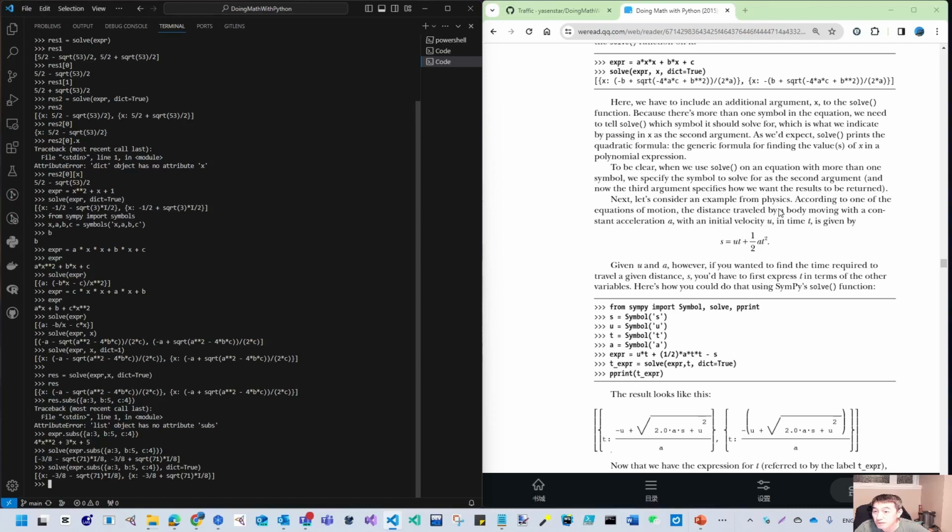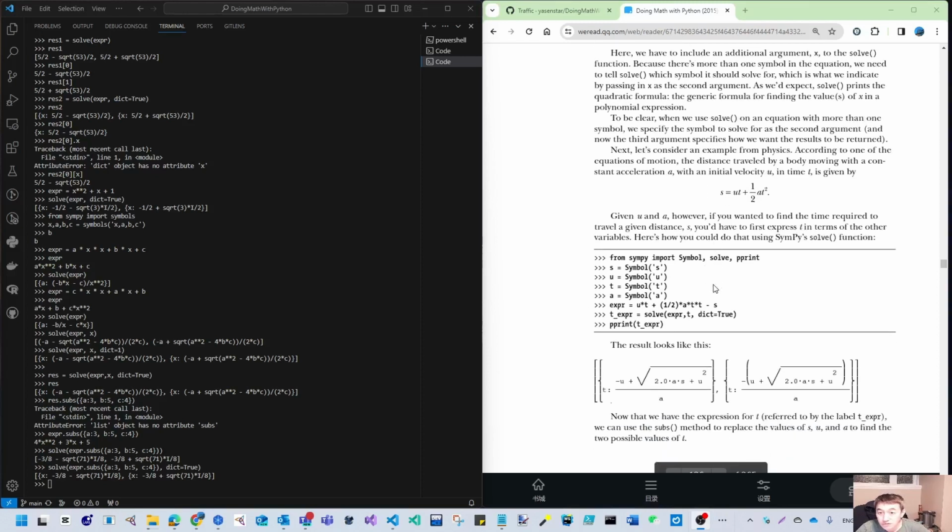And let's do this. Consider an example from physics. This is the distance. And this is t, the time. Velocity is u, and a is the acceleration. So we have such a kind of distance formula. So let's try to see what the solving for that gives.